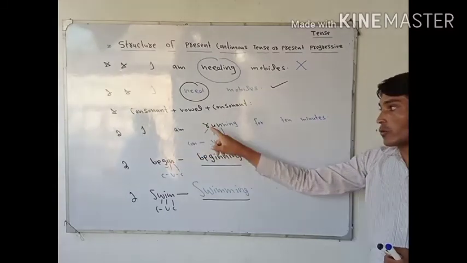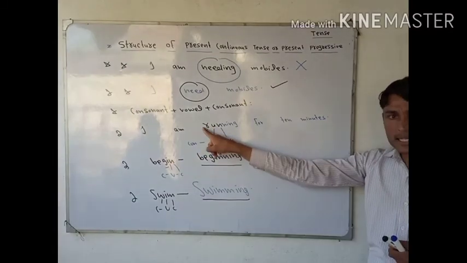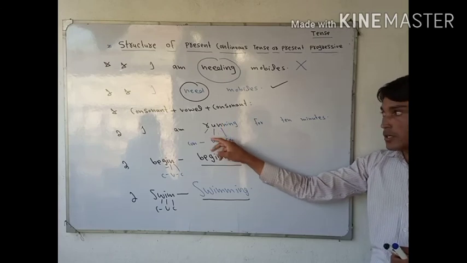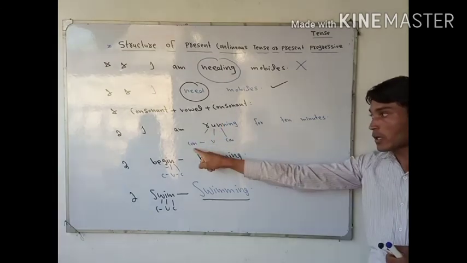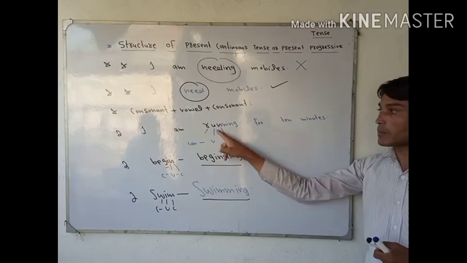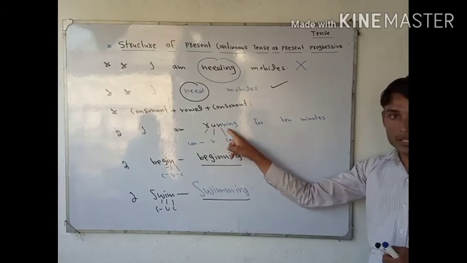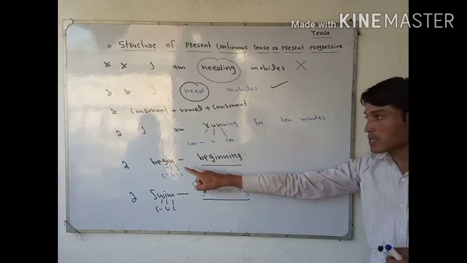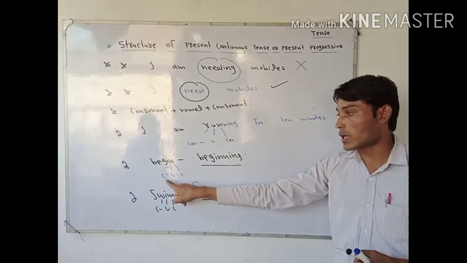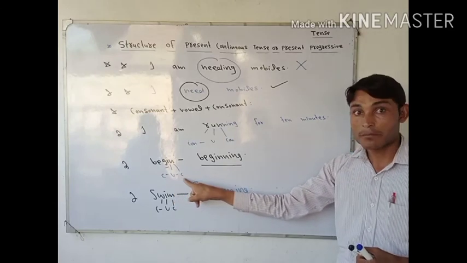The example in front of you is run: R is a consonant, U is a vowel, and R is again a consonant, so running. Next is B-E-G-I-N, begin. The last three letters follow the formula.